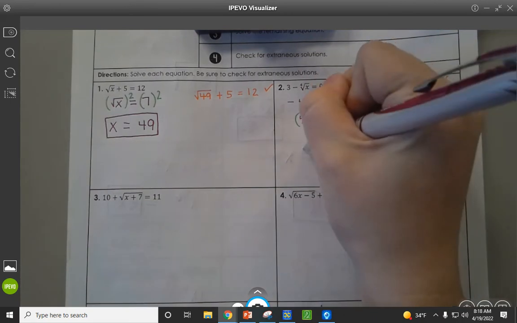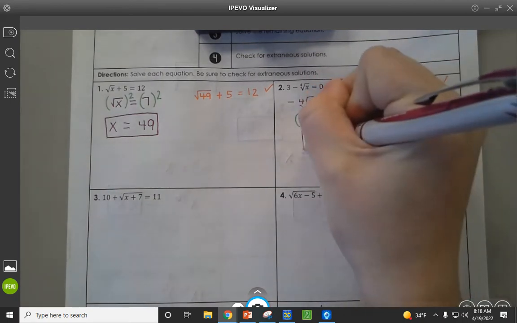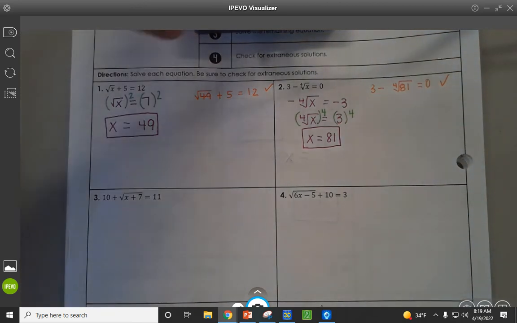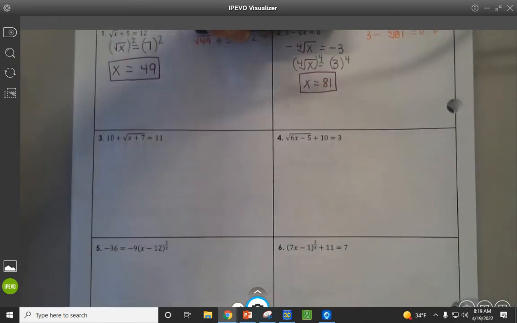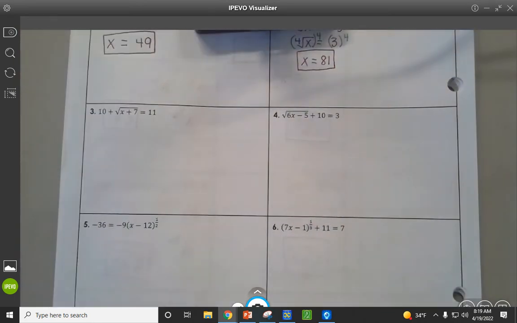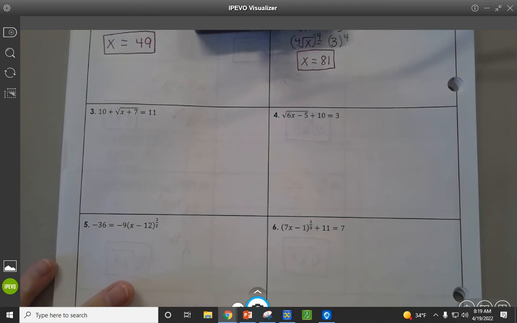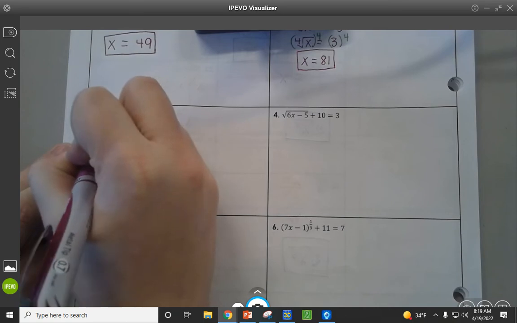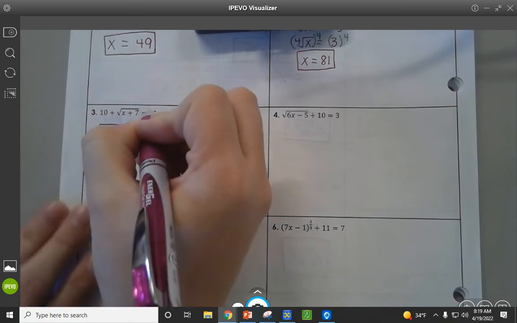Number 3. What do I do first? Subtract 10. And we get the square root of x plus 7 equals 1. And then I raise both sides to a power of 2.